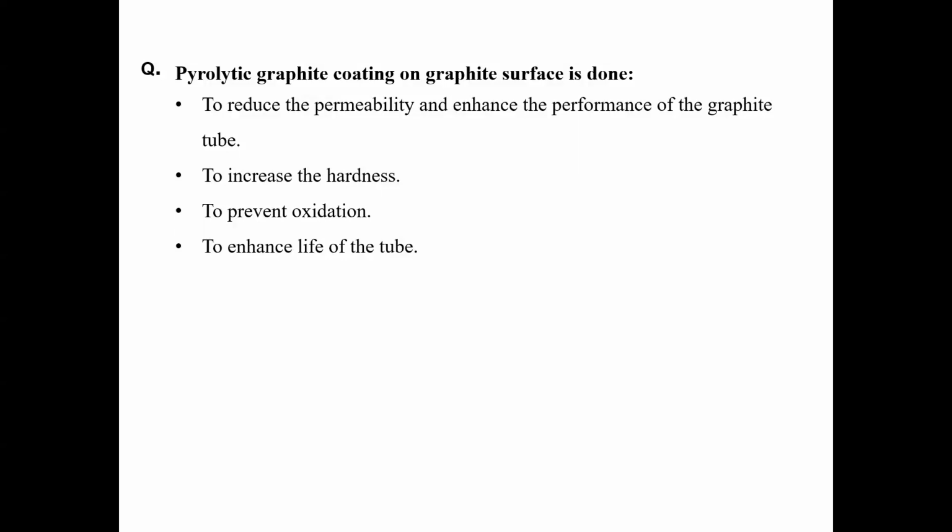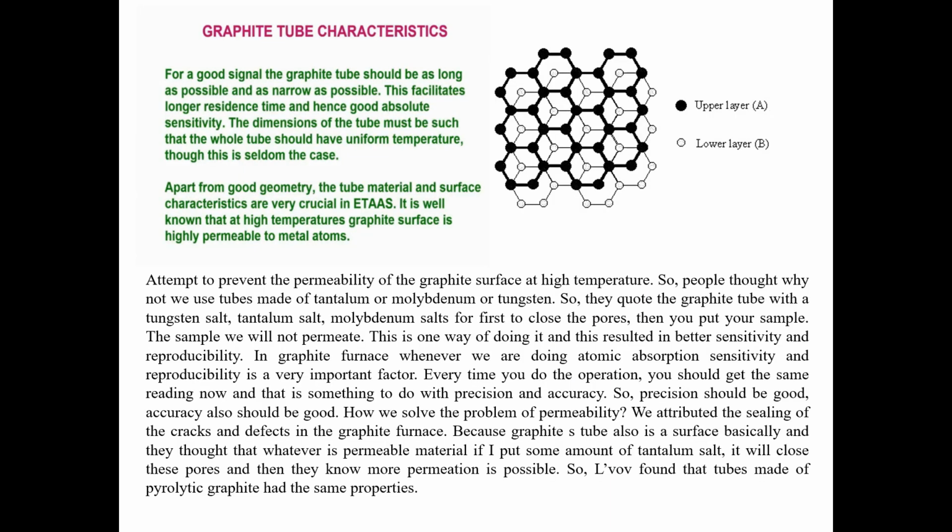In the lectures you have already read that if there is a graphite tube and it is not pyrolytic, it contains pores, so the metals can permeate from the graphite tube. Let me discuss in detail.